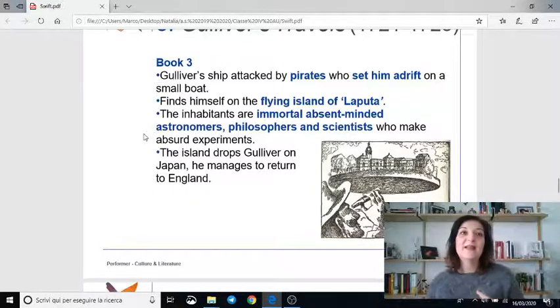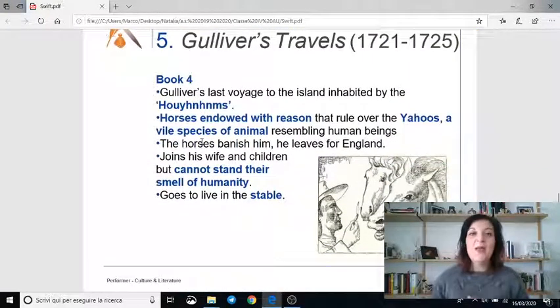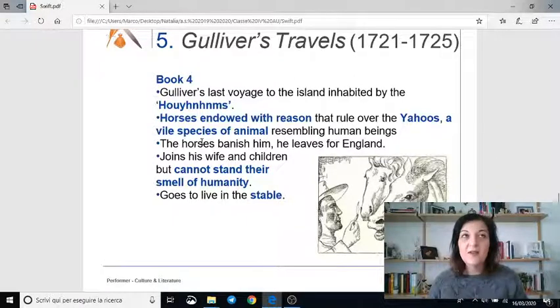Then he manages again to leave Laputa, and he goes to Japan, and from Japan he succeeds in going back to England. Then we have the last travel and the last book, namely book number 4. He finds himself again on a very strange island, which is the island of the Houyhnhnms.